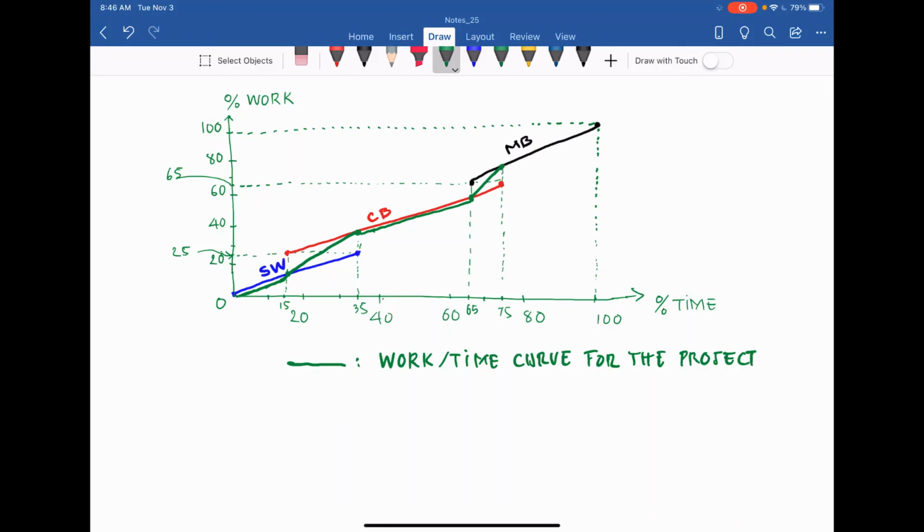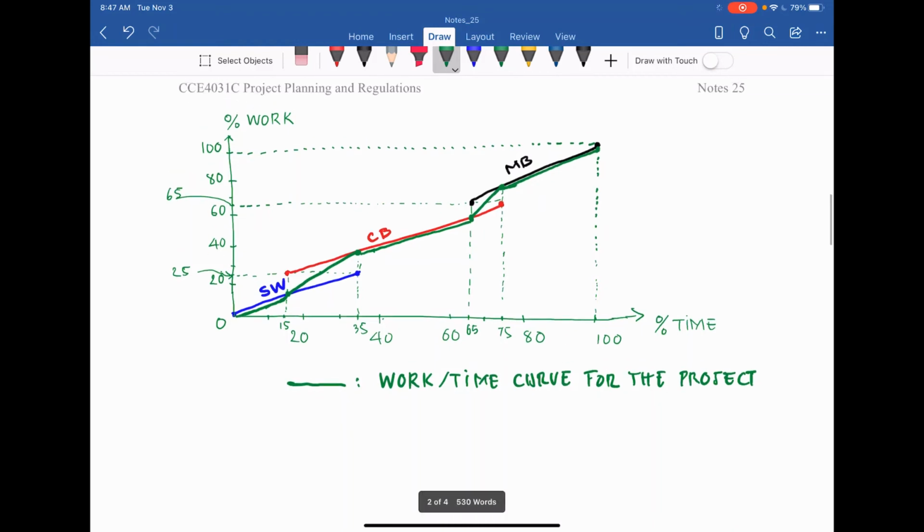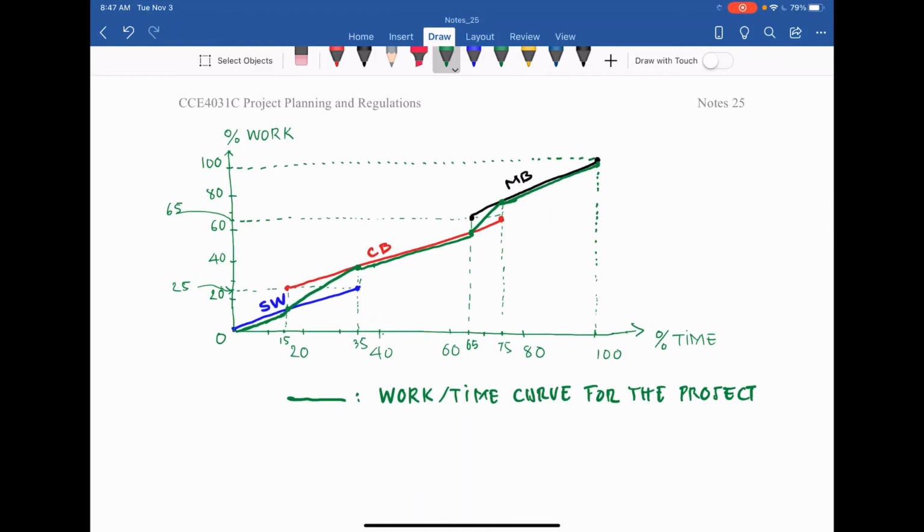And for 75% time until 100% time, it is all metal building, so the work time relationship curve for the project is the same as the metal building during that time. So as you can see, we are able to determine the work time relationship.